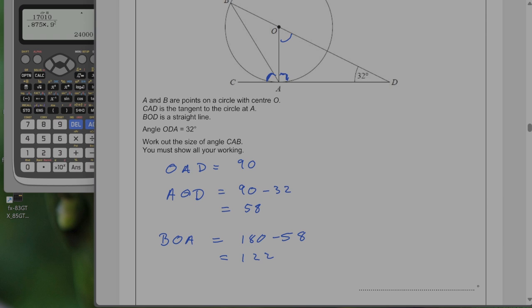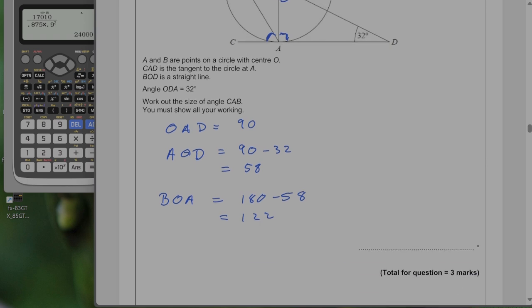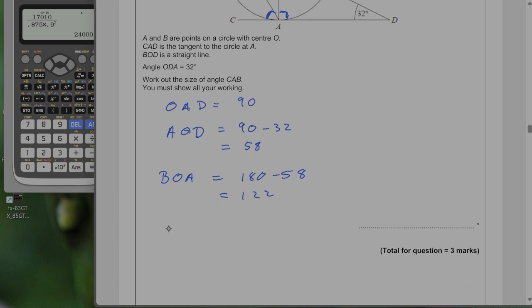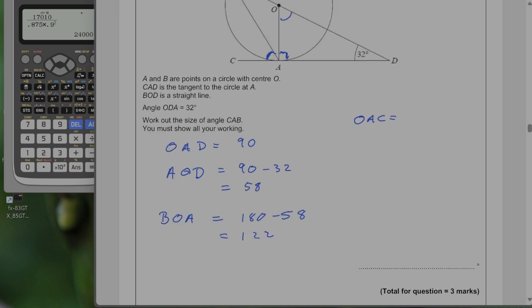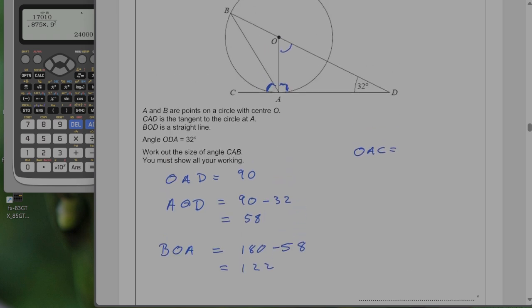Then I'm going to say that OAB is going to be, well, that's a radius and that's a radius, so we've got an isosceles triangle. So it's going to be 180 minus 122 divided by 2, which is going to give me 58 divided by 2, which is going to give me 26.